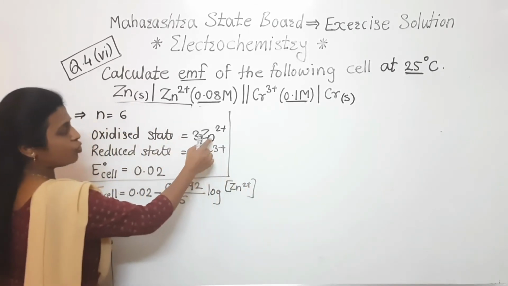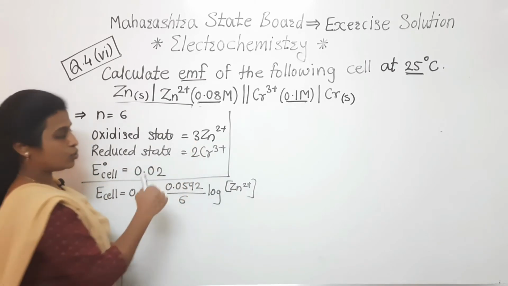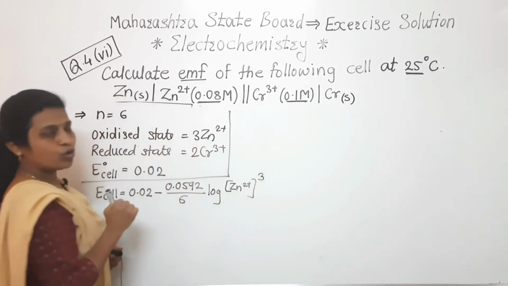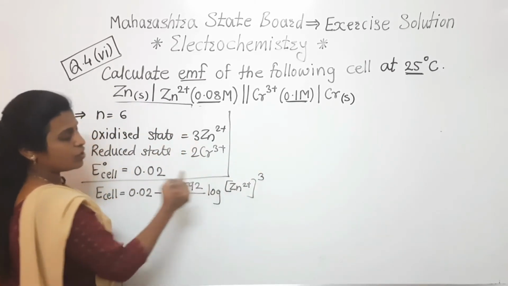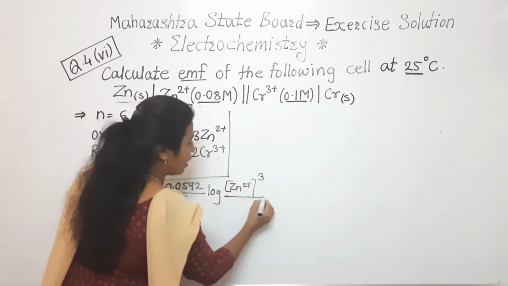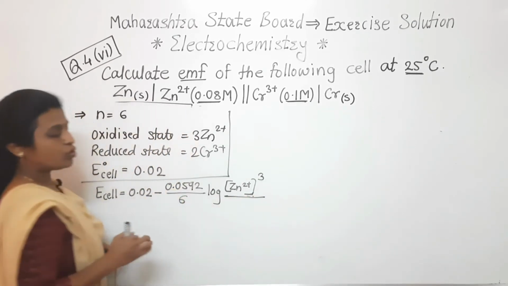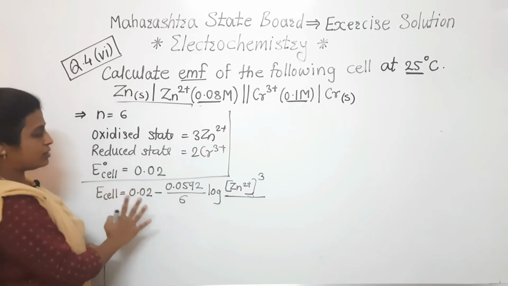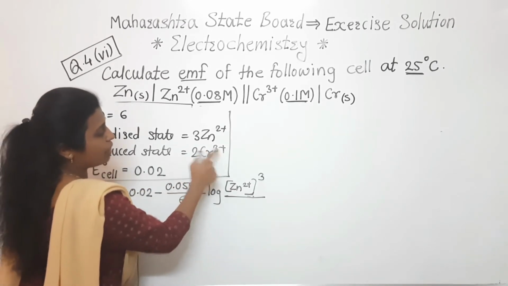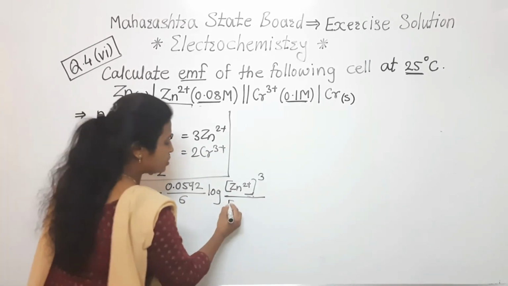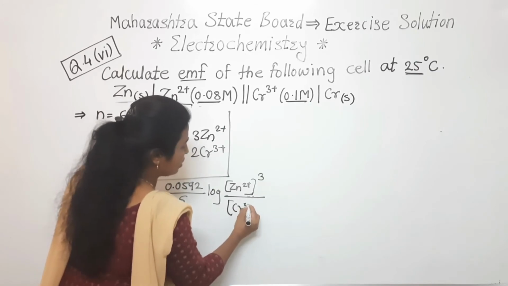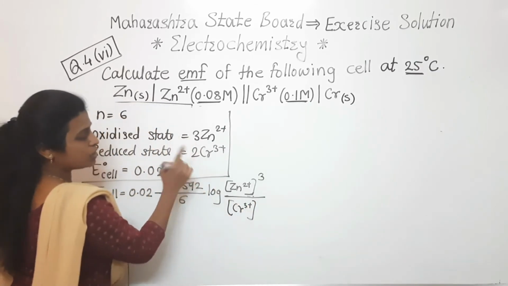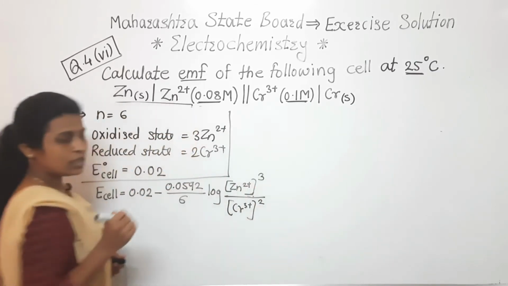But the number of moles of Zn2+ is 3, so here we have to take the cube of the concentration of Zn2+, divided by the concentration of the reduced state or reactant side. Here 2Cr3+ are there, meaning the concentration of Cr3+ and its number of moles is 2, so we have to take the square.